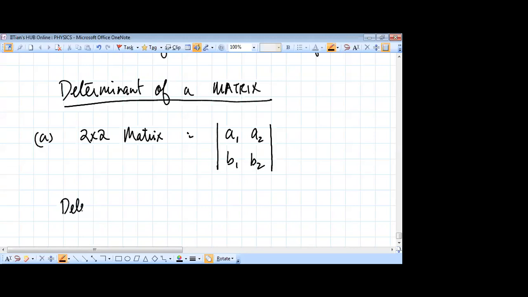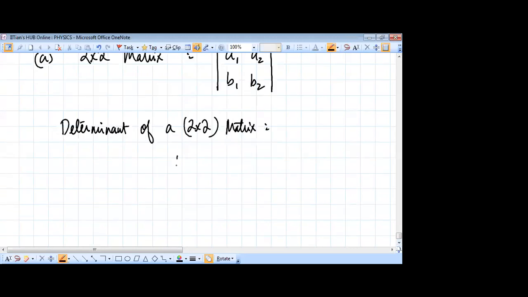Now, determinant of a 2 by 2 matrix, we have seen this in mathematics, I think.